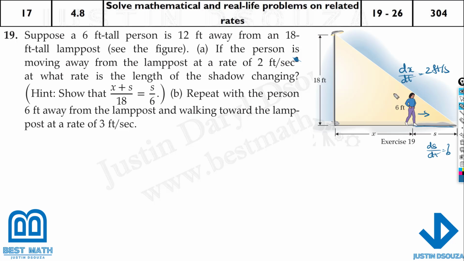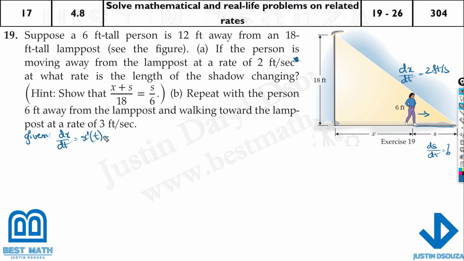So what is given? Since it's the writing part, let's write given. We have dx by dt. This can also be written as x prime of t with respect to time, because everything is changing with respect to time. His movement changes this distance, and the shadow also changes with respect to time.